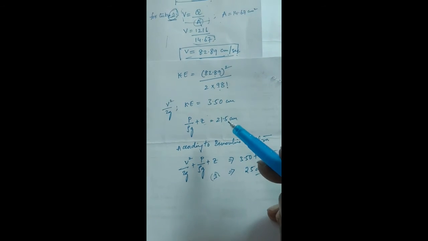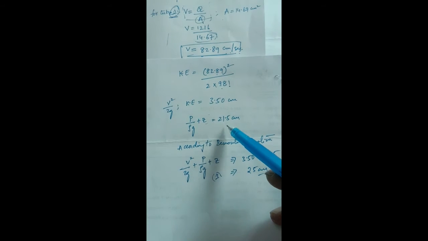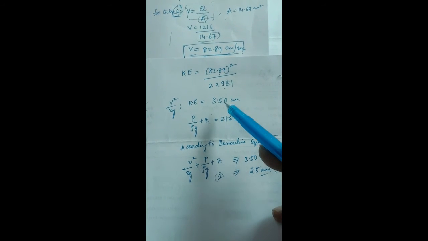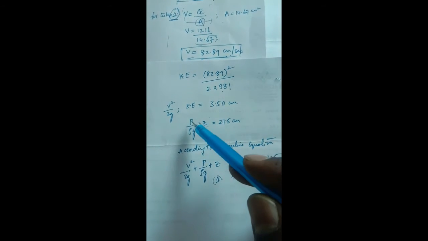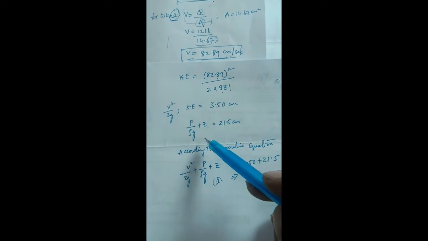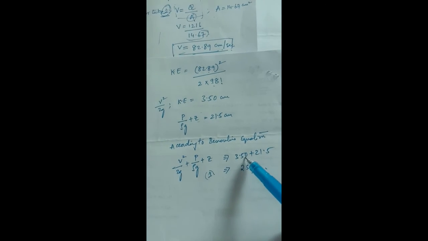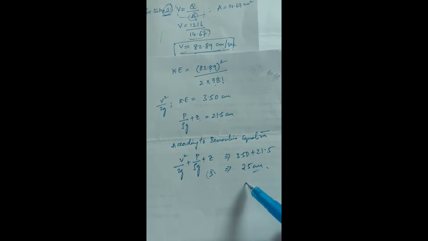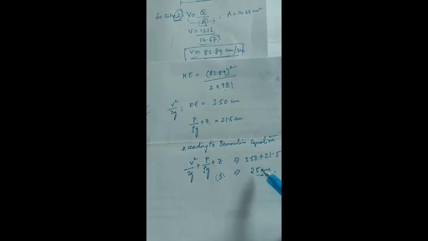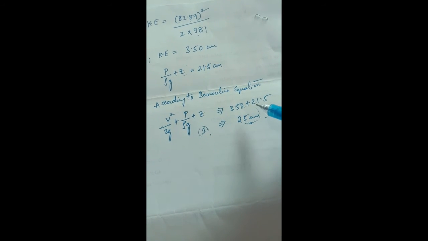So we have to add these two values, the v square by 2g value as well as the potential head plus datum head value. If you add these two, 3.50 plus 21.5, that will be 25 centimeters. So this is the total head which we got for the first piezometric tube.